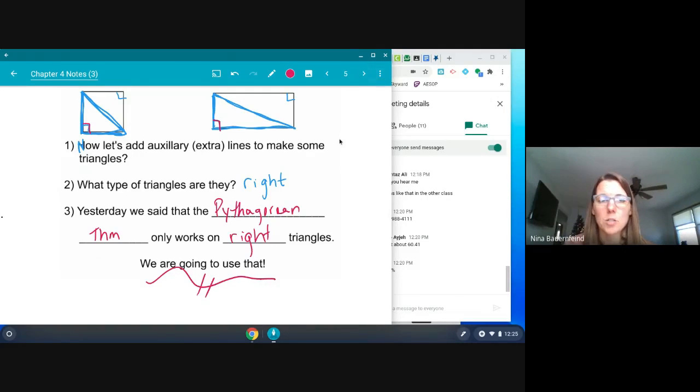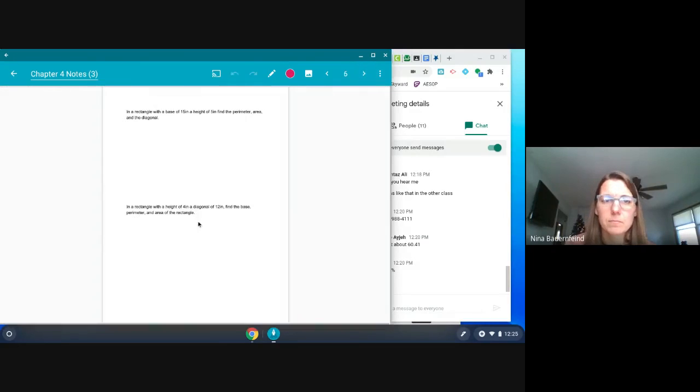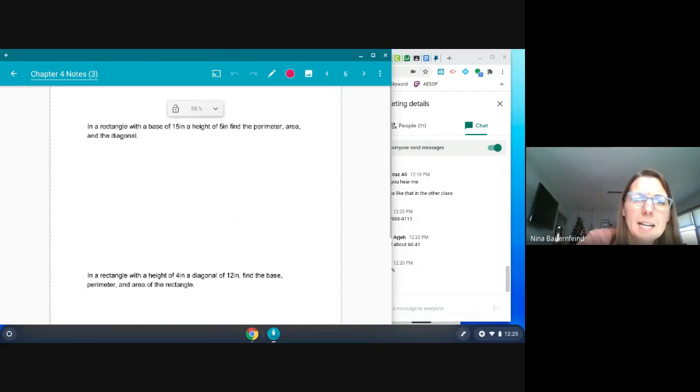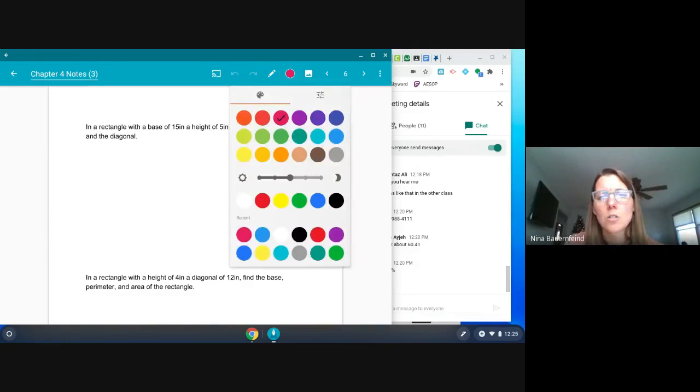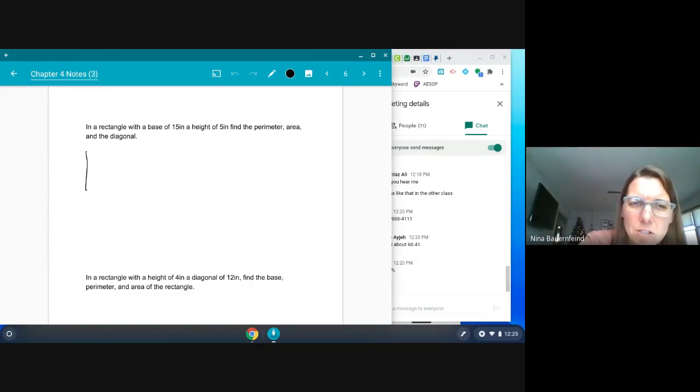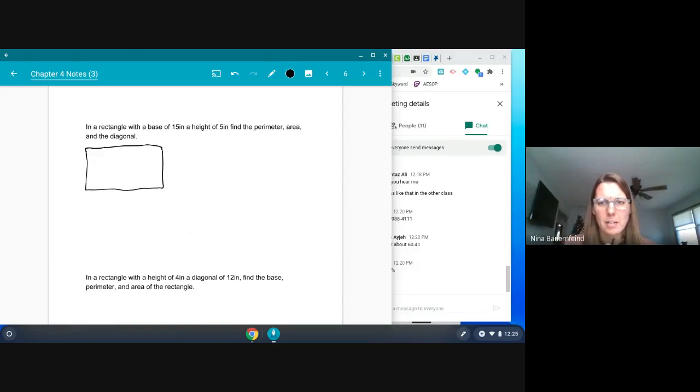All right, so it says in a rectangle with a base of 15 inches and a height of 5 inches, find the perimeter, area, and the diagonal. So the first thing I'm going to do is draw a rectangle, just kind of how I picture a rectangle. Is this how most of you picture a rectangle also?